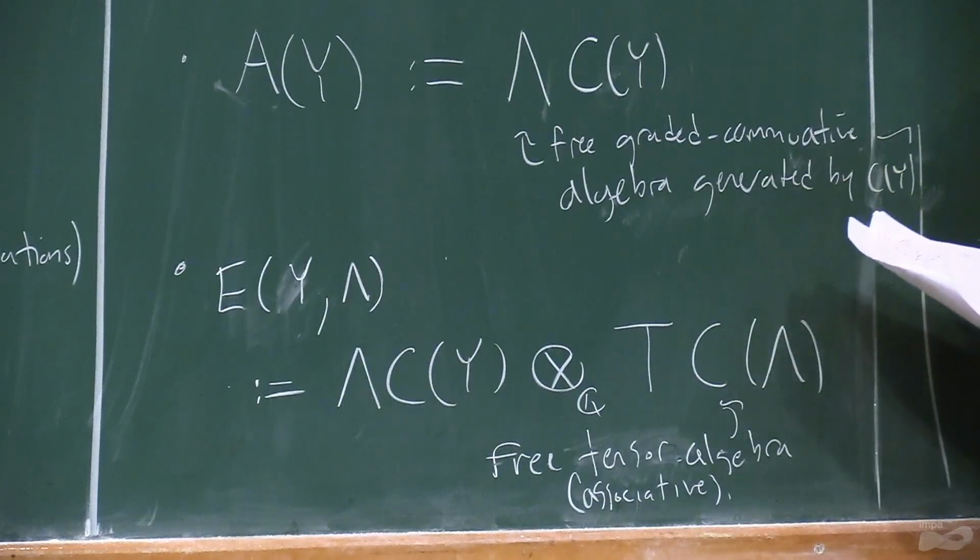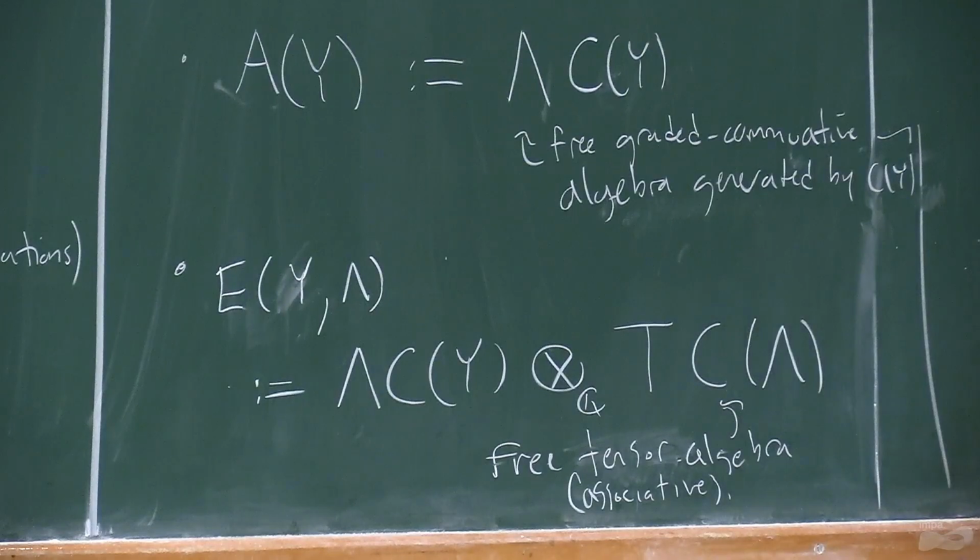So now, what does contact homology or the Legendrian DGA or the contact DGA give you?